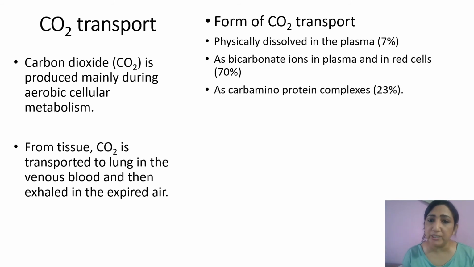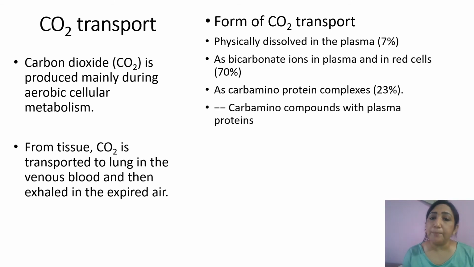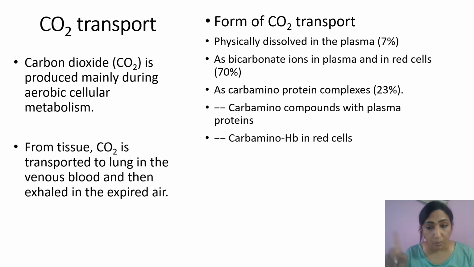The remaining 23% is as a carbamino protein complex in two ways: one is compounded with plasma protein, and the other is carbamino hemoglobin, where the protein is the hemoglobin.